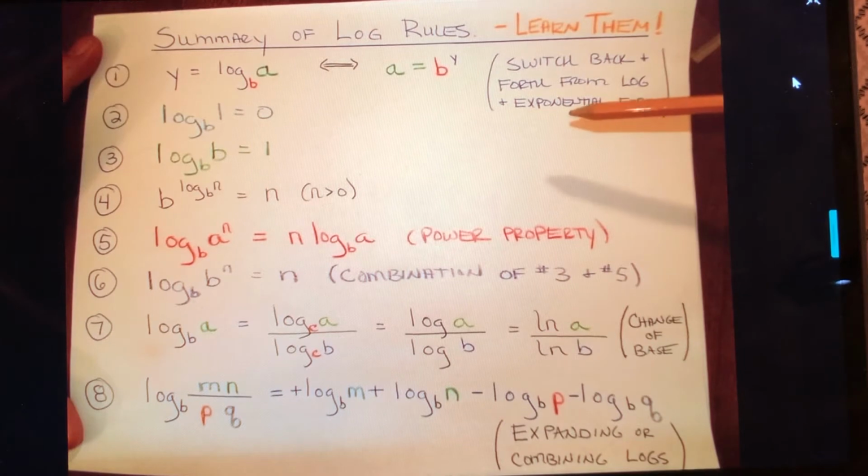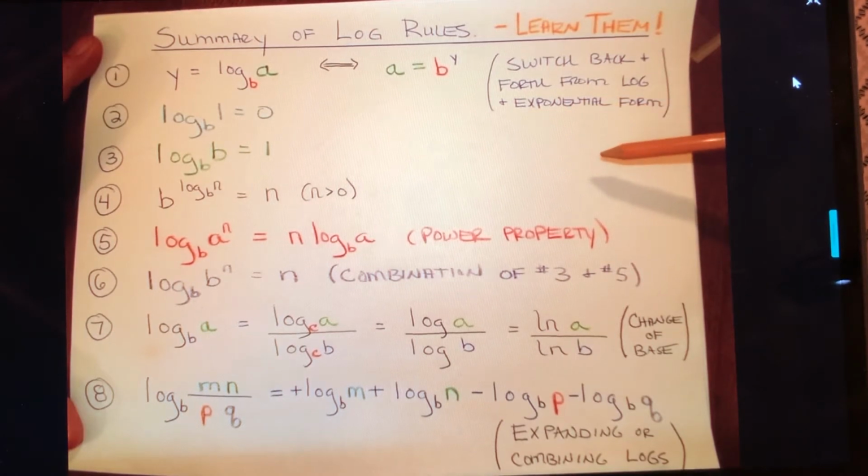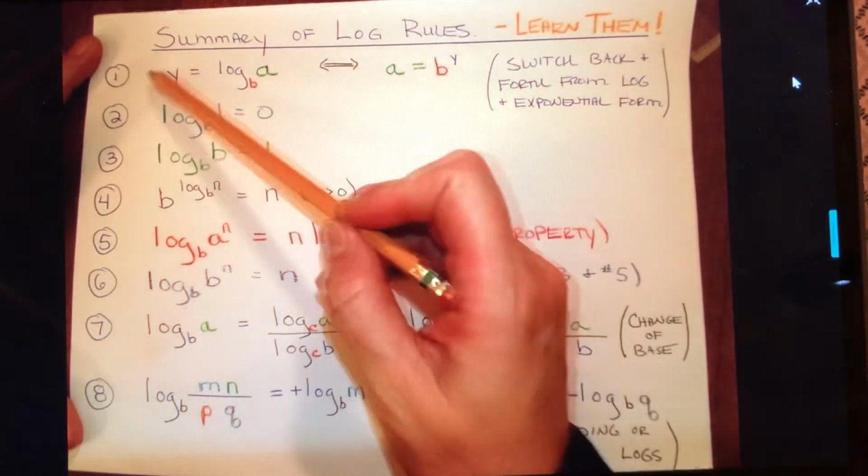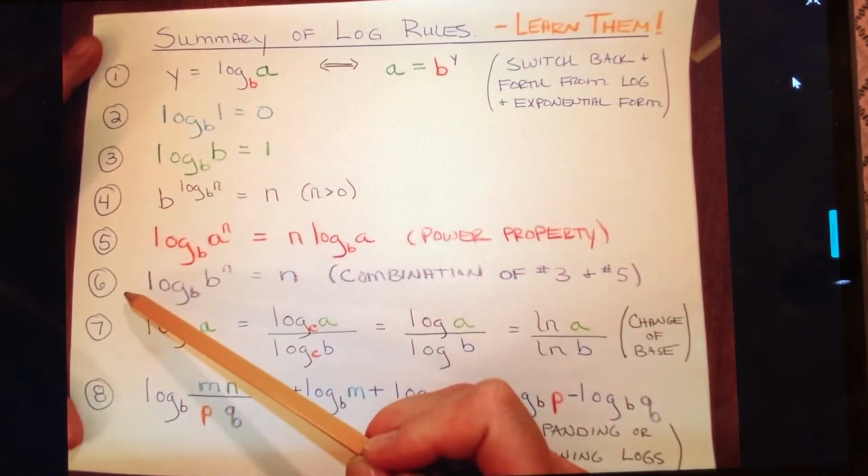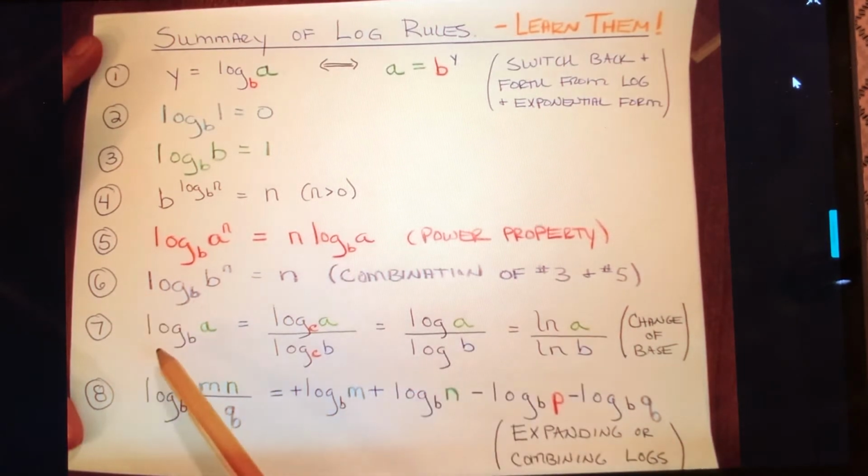I'm actually going to do a total of 3 videos to split out the log rules. Numbers 1 through 6 here I'm going to cover in this first video, and then I will do a separate video on number 7, which talks about change of base, and then another separate video on number 8, which talks about expanding or combining logs.